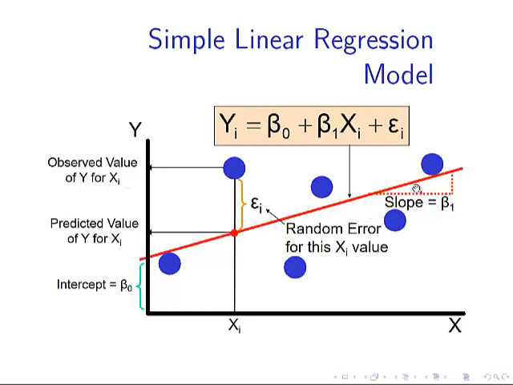It means the point of intersection of this line with the y-axis. Epsilon i is the vertical distance from the point to this line. Here it's negative and close to 0. Here it's negative. Here it's positive, close to 0. Here also very close to 0. Here it is negative, and so on.